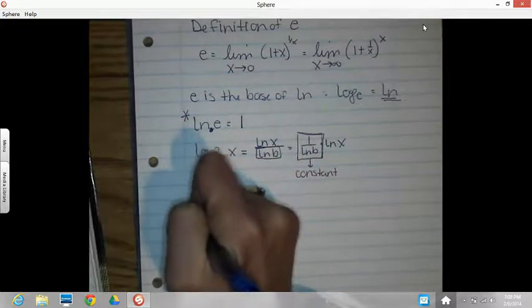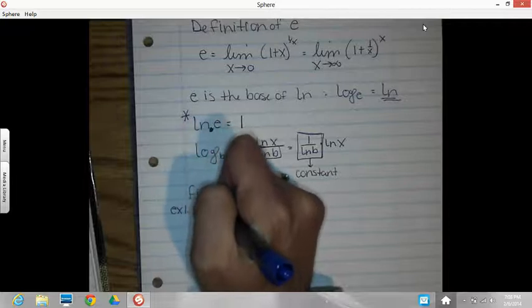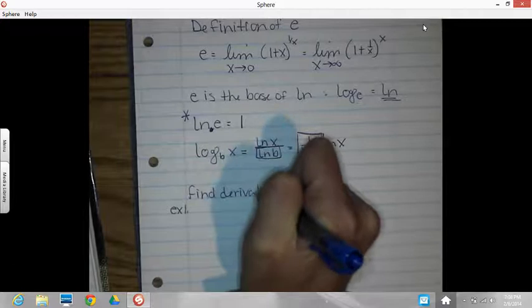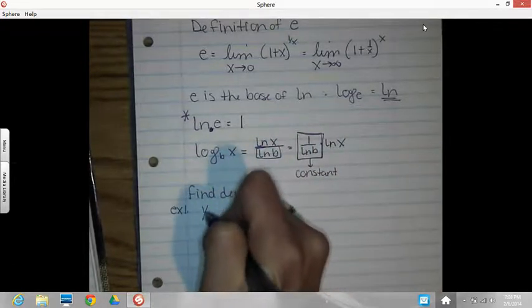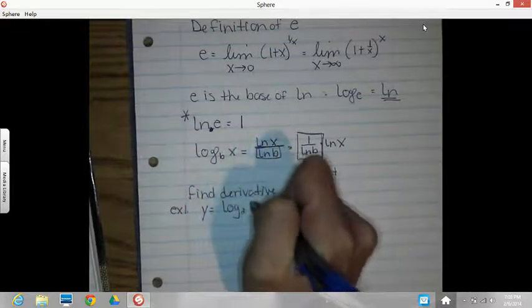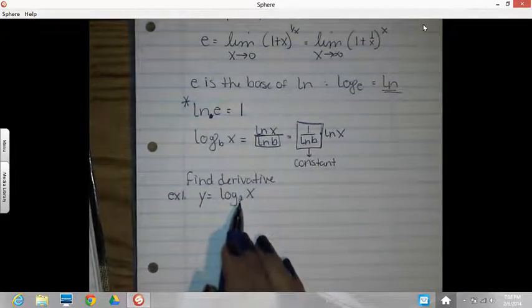So here we go. Find derivative. That's all we're doing. So we've got y equals, start easy, log base 2 of x. Okay, again, we don't have a rule for log base 2. We only have a rule for natural log.